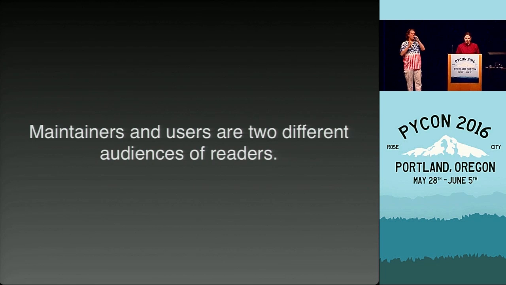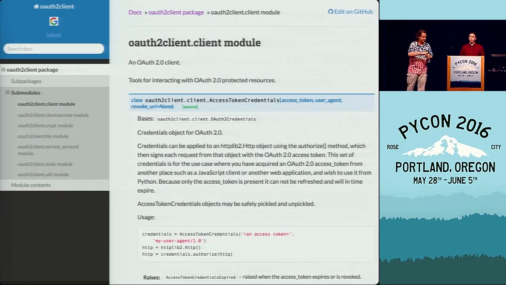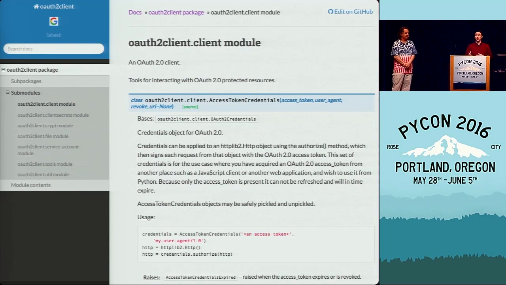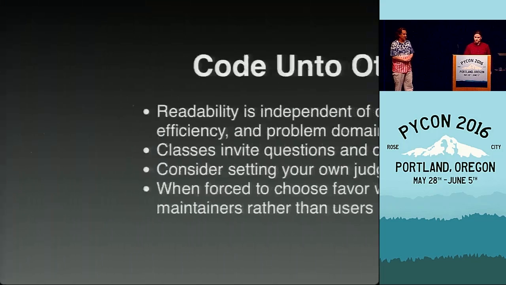What you should be doing is providing generated or handcrafted documentation for your users so they can see the public parts of your API that they actually care about. And now maintainers, who actually are required to read your files, get things in an order that makes sense for them.